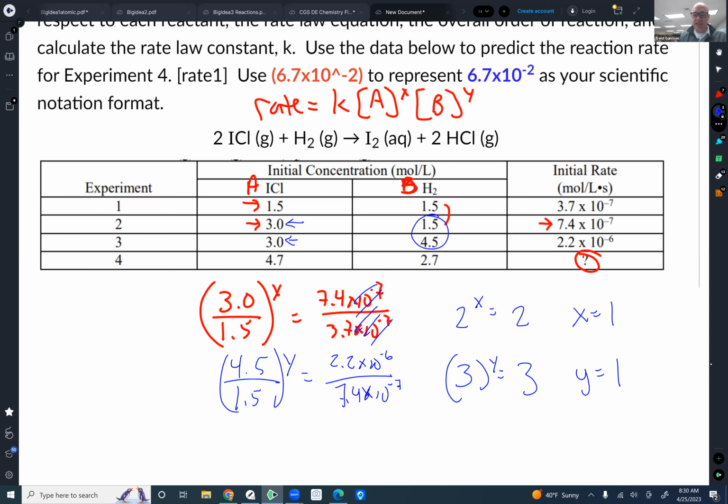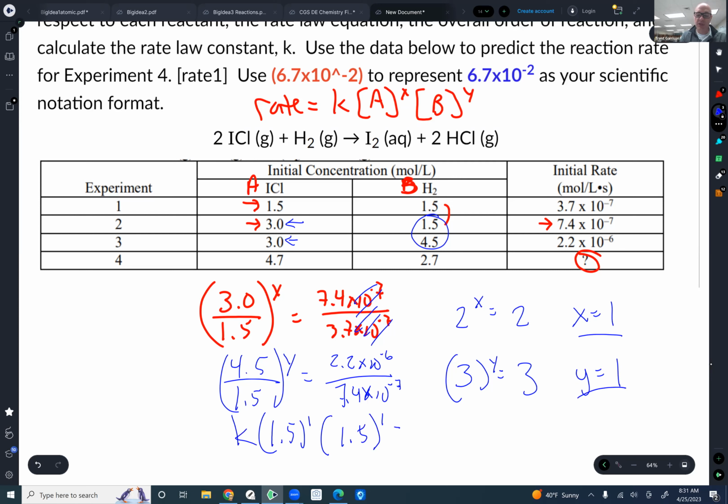Now what we've got to do is solve for k. We can plug in the data from any of the experiments, 1, 2, or 3. I'm just going to choose 1. So I've got 1.5 to the 1 power, because I now know that my x is equal to 1, times 1.5 to the 1 power, because y is equal to 1.